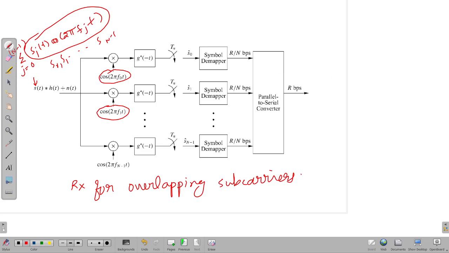Now a question might be, what if the channel noise and the channel coefficients are also considered? So in the analysis which we did before, we didn't consider the channel noise or the effect of channel coefficient. So if that is also considered, let us see what the equation is going to be.